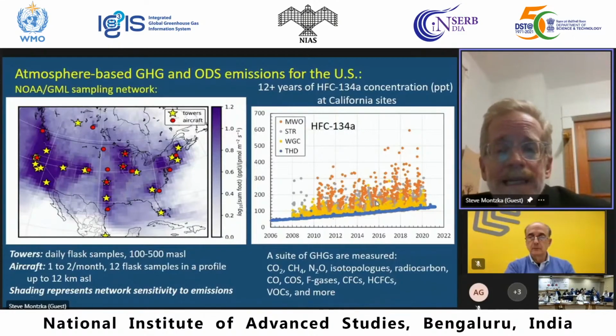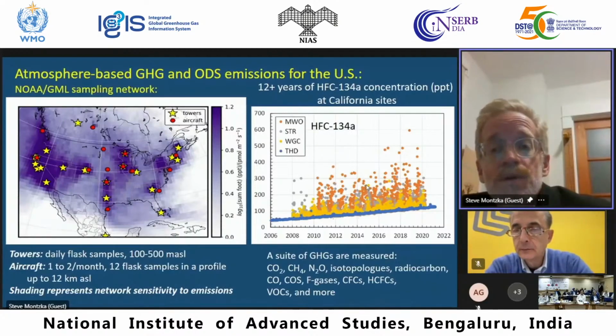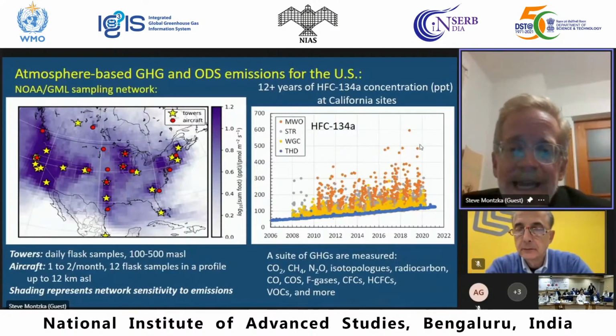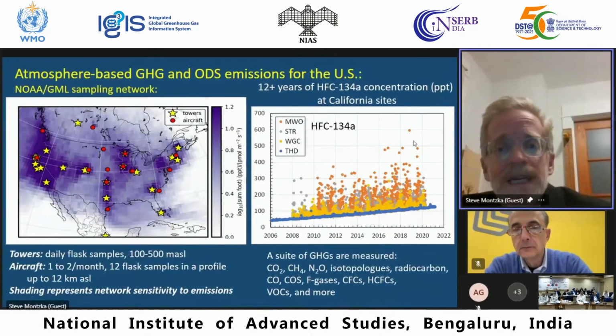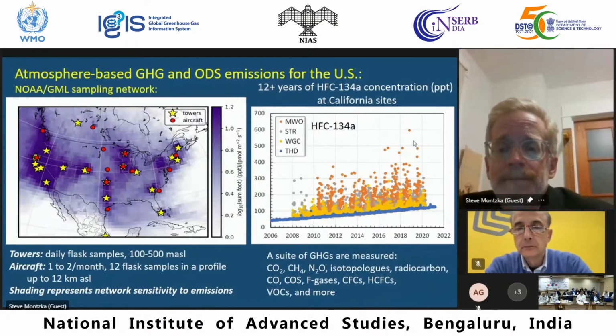And yet move a little bit inland, and we see large enhancements in the concentrations due to nearby emissions. And it's these enhancements observed at these other sites that allow us to understand and infer emission rates nearby, so regionally California-based, Oregon-based, Washington-based emissions of these chemicals.